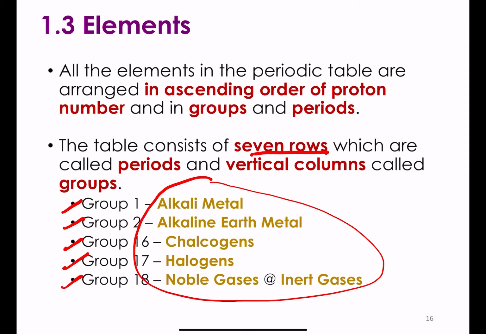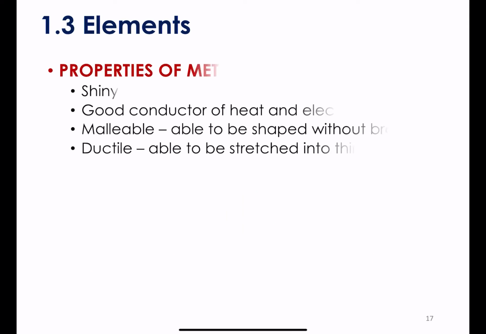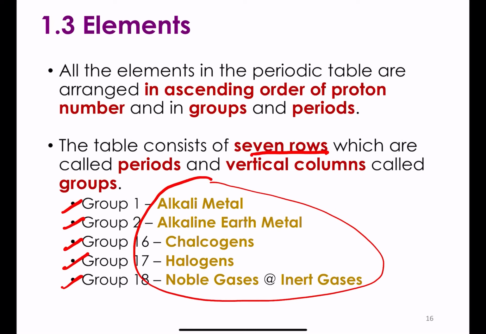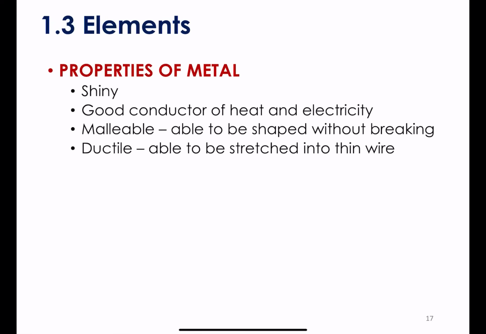Next, you have to know about the properties of metal. In the periodic table, some of them exist as metal. As we saw in the previous slide, we have group 1 and group 2. Their other names are alkali metals and alkaline earth metals. And their last name is the word metal, so automatically we know they are metals. The properties of metal: they are very shiny. Okay, shiny.